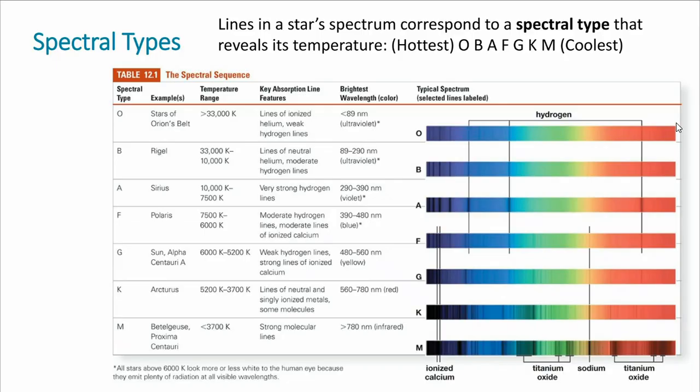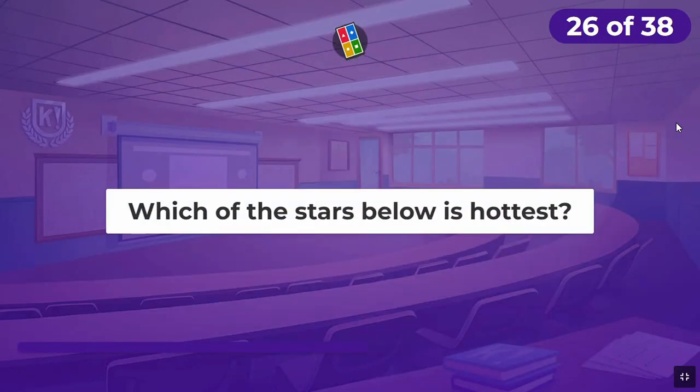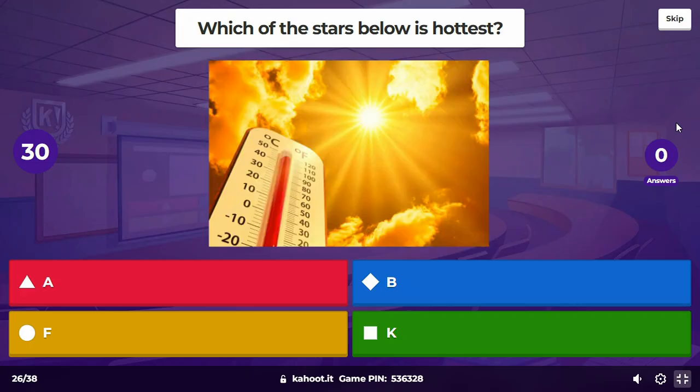Then B, A, F, G, K, and M. G is what the sun is, so not all the way at the bottom, but certainly not at the top of the classification range. So which of these types of star is going to be the hottest?